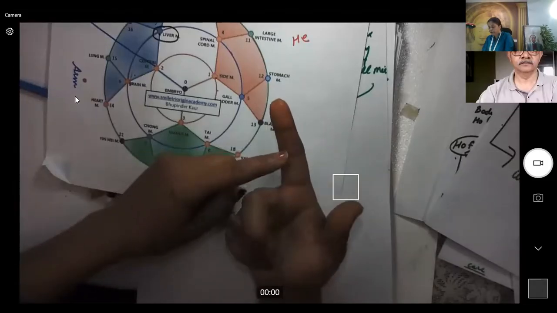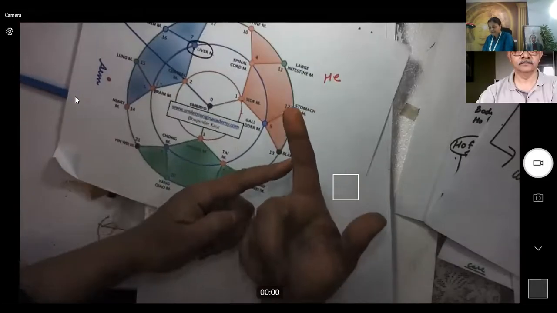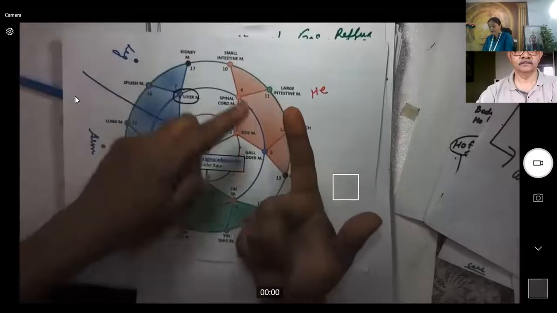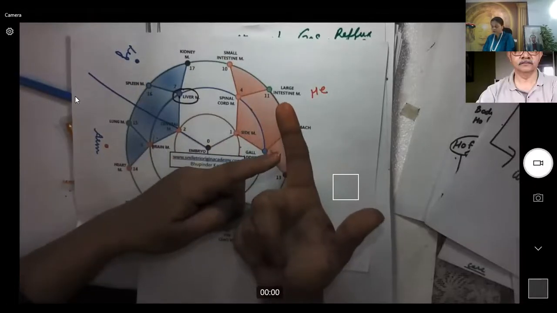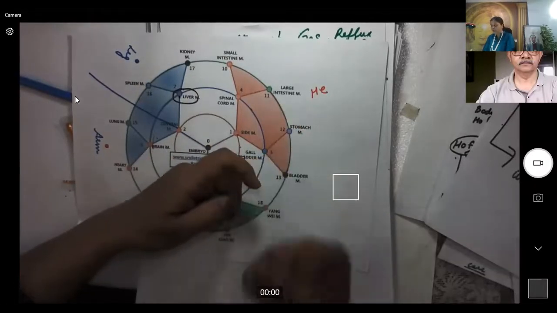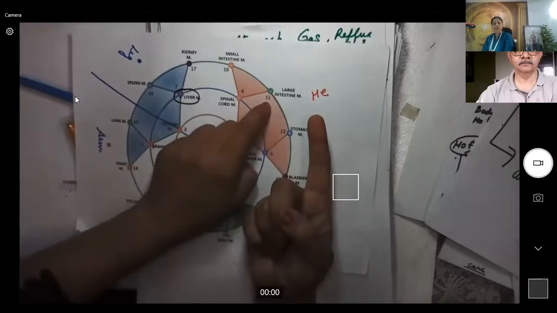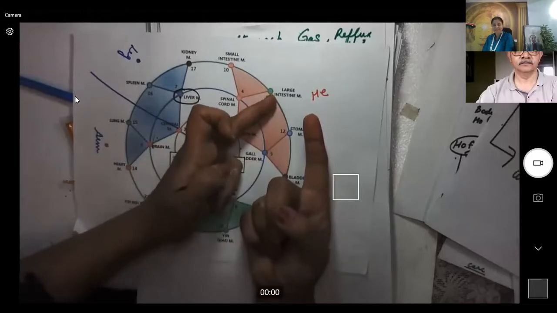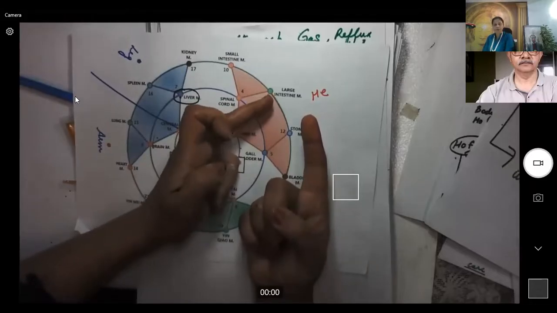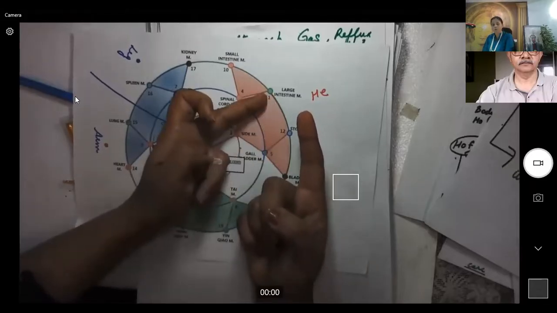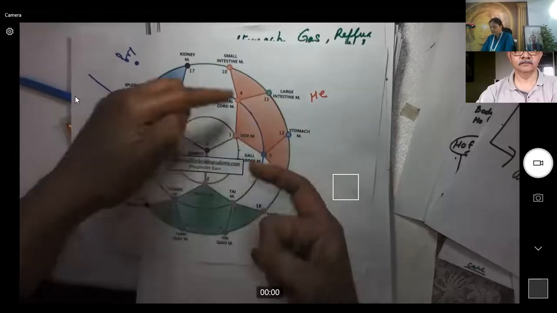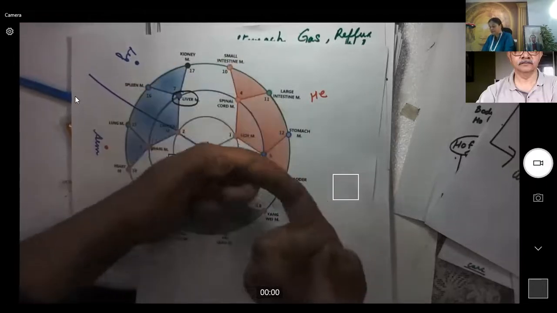In neutral dimension, small intestine is sitting on the hetero point. If any problem in small intestine, you can rent here and open hetero finger for treating small intestine. Large intestine constipation or any problem in large intestine, ulcers or infections. So neutral point. So all these 4 meridians are sitting on this joint.